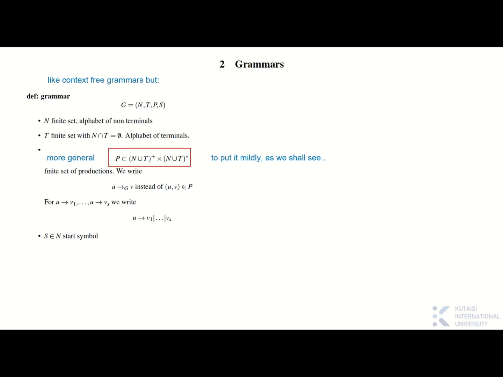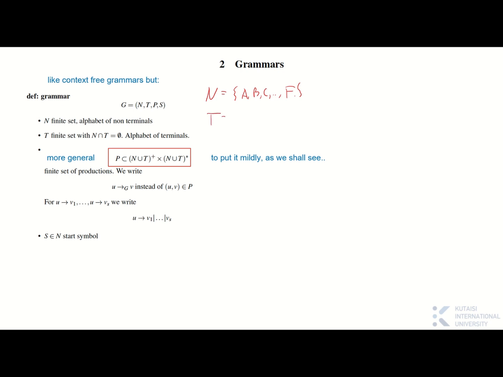So we will denote N usually by big letters, A, B, C, dot, dot, dot. Somewhere it has to end somewhere, so I chose F here, but whatever. It's a finite set.